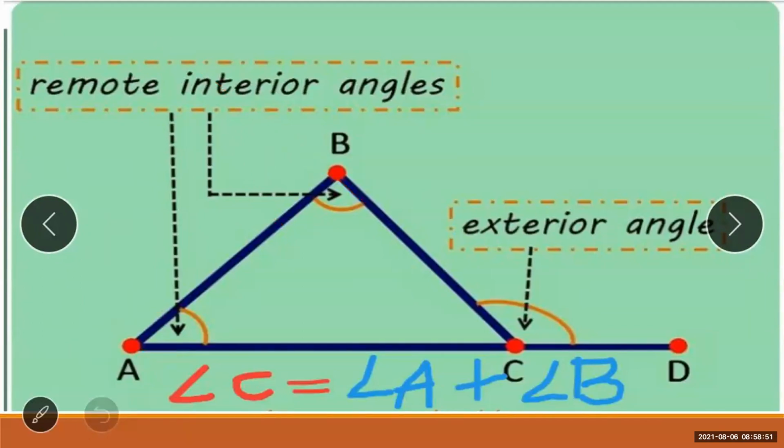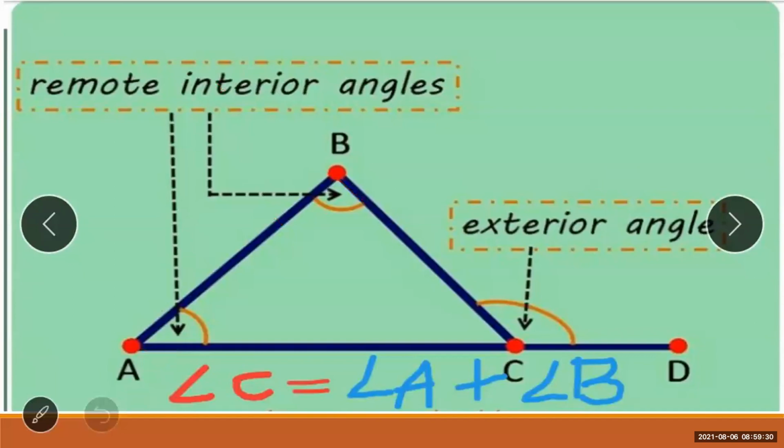Okay, now this interior, this exterior angle, so those are called as remote interior angles.